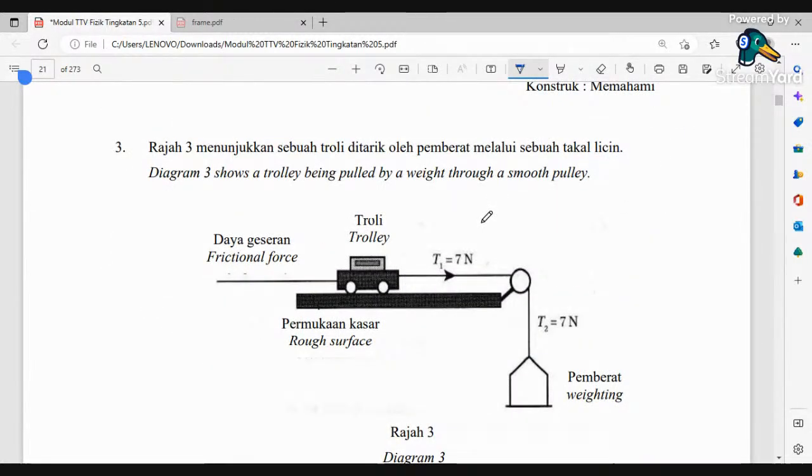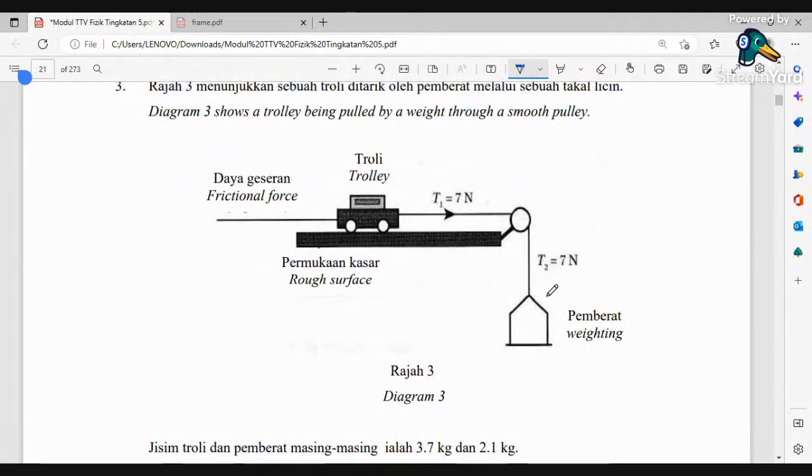Number 3. Diagram 3 shows a trolley being pulled by a weight through a smooth pulley. So we have this one, T2, then there's a weight.